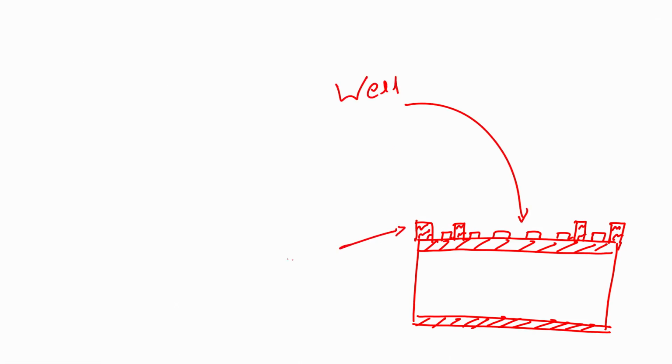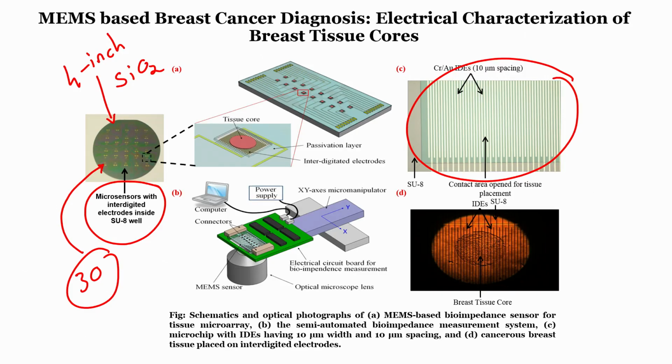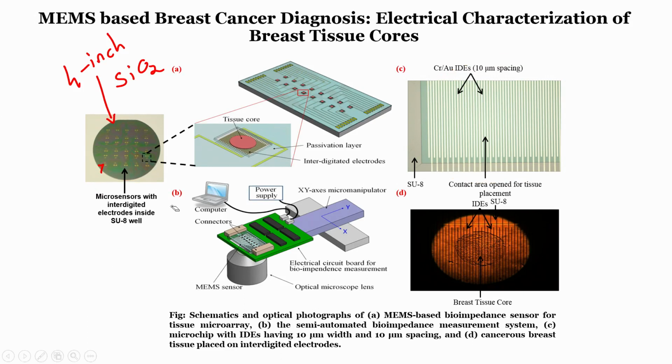This is SU8, this is silicon dioxide, silicon, right. This is the SU8 well. This is what is shown here, microsensors with interdigitated electrodes inside a SU8 well.